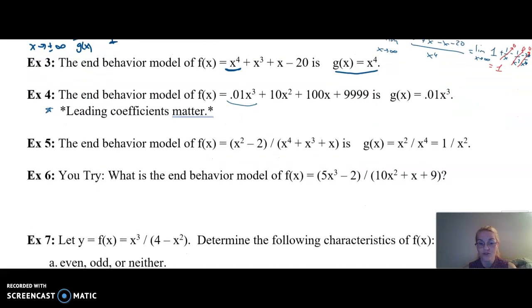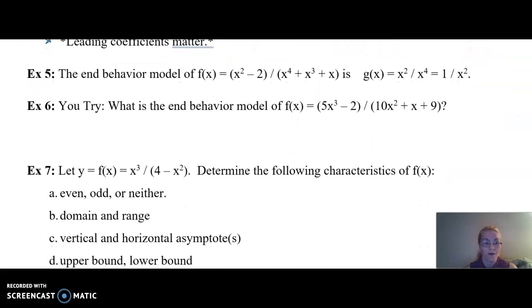For rational functions, this guy right here, f of x equals x squared minus 2, all divided by x to the fourth plus x cubed plus x. Sorry, I lost my thought there.